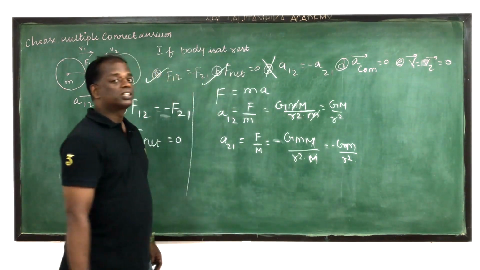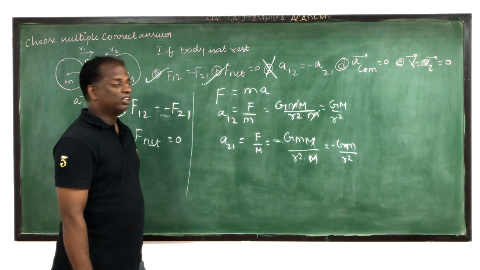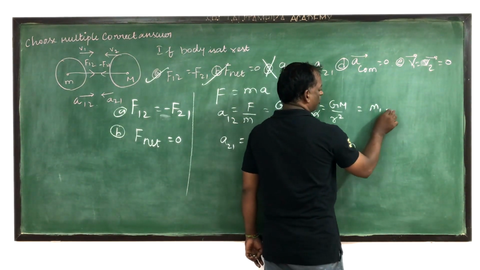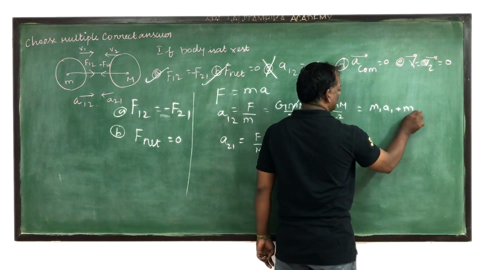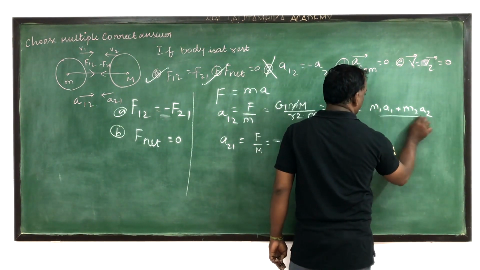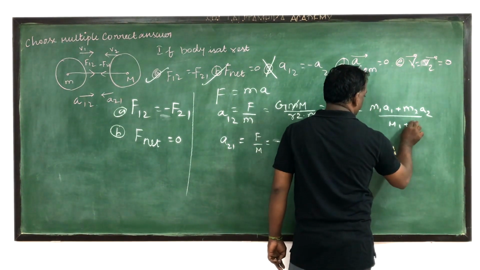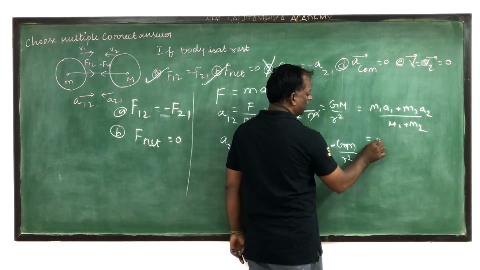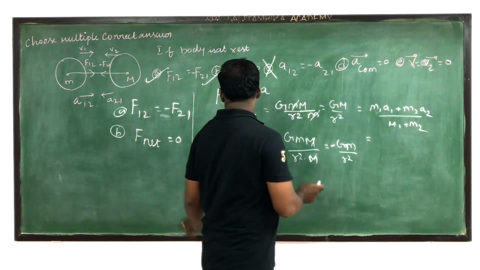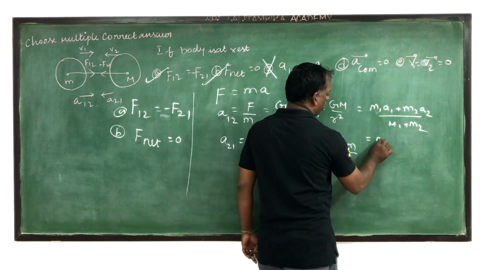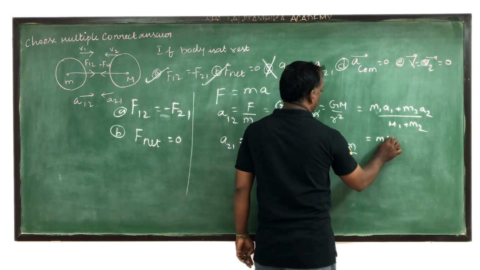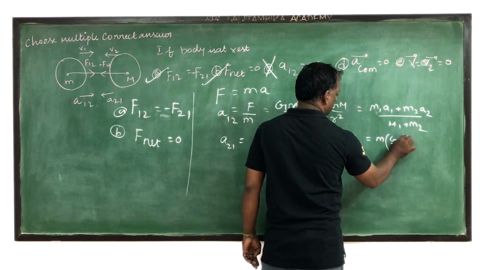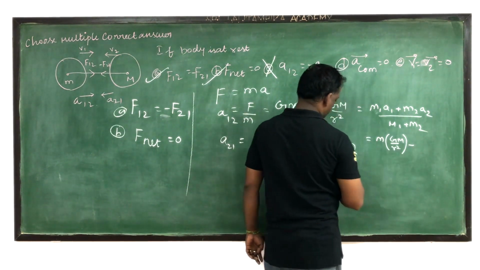So center of mass formula another, which is equal to center of mass is equal to m1a1 plus m2a2 divided by m1 plus m2. So what is this? இங்க m1 வந்து என்னது? இங்க m1 வந்து small m. அப்ப small m, what is the a value? A value is G capital M by R square. இப்போ இங்க மைனஸ் இருக்கிறதுனால மைனஸ் போட்டுப்போம்.